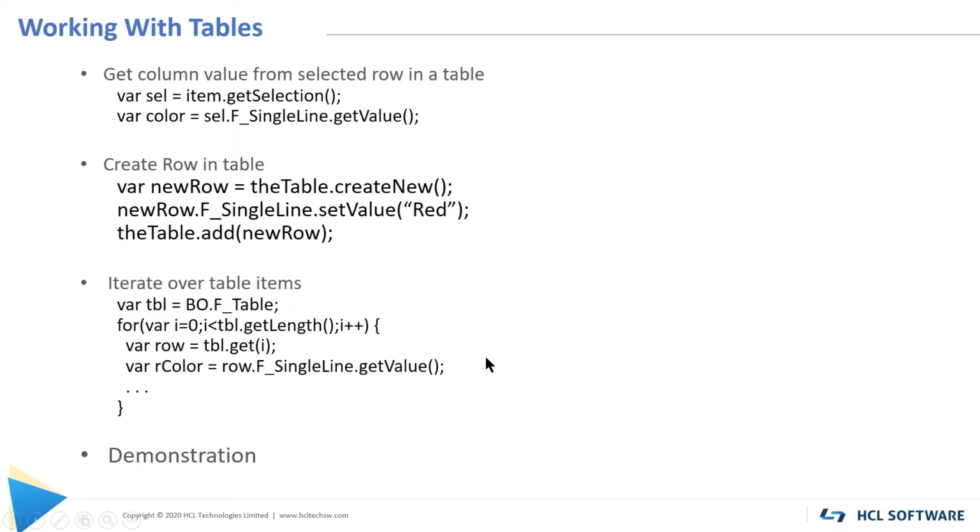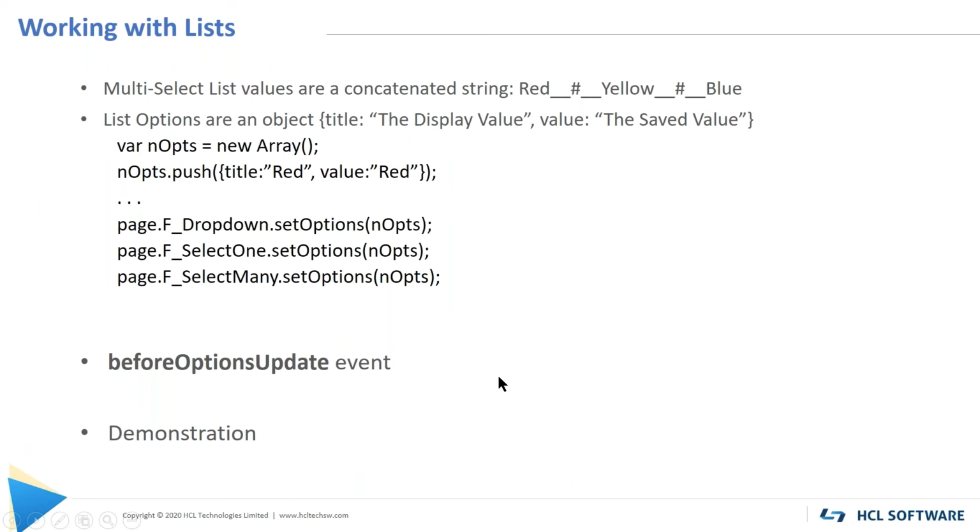All right, so that's our tables. Working with lists. Lists have some other things that are unique to them. The value of a multi-select list is a concatenated string, and what this is is two underscores, a hashtag, and two underscores.